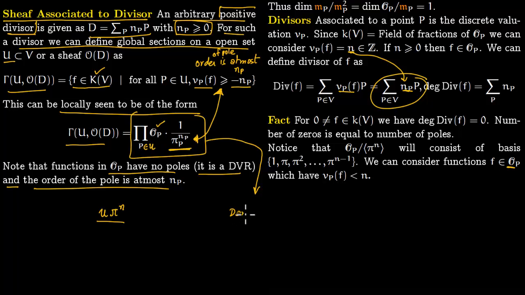He uses this to construct short exact sequences. Anyway, you can Google the book. So you can see here concretely how we were able to construct divisors on curves, and this is a sheaf because locally you can think of it in terms of stalks.